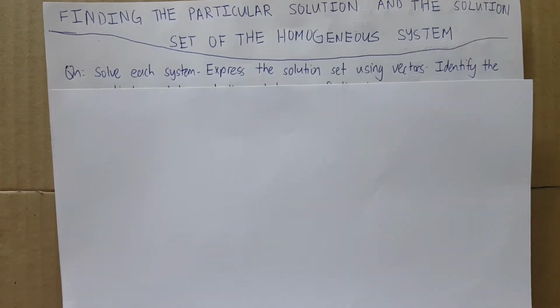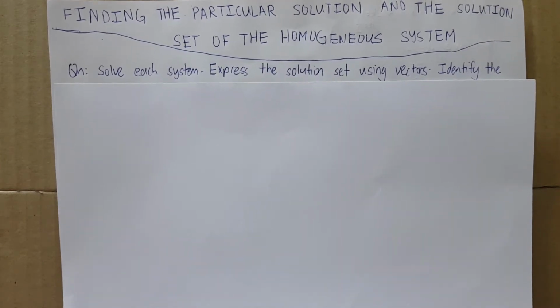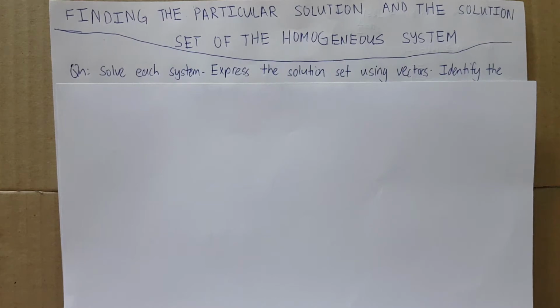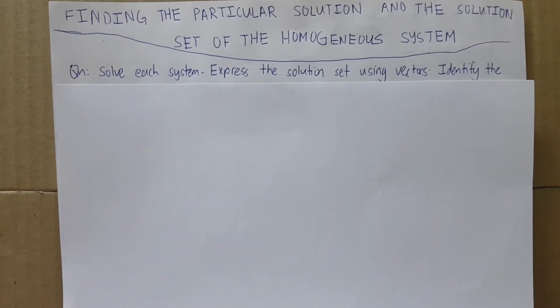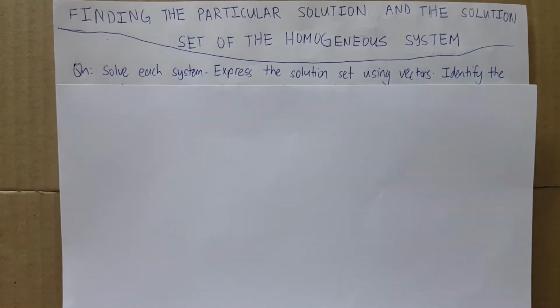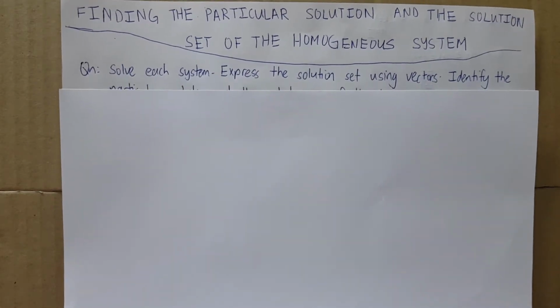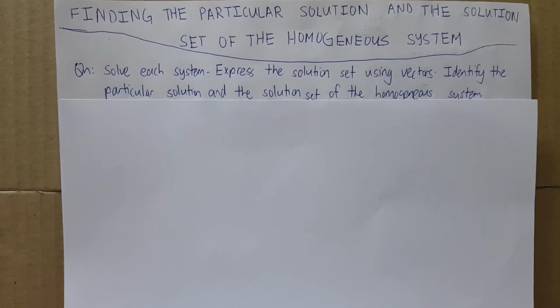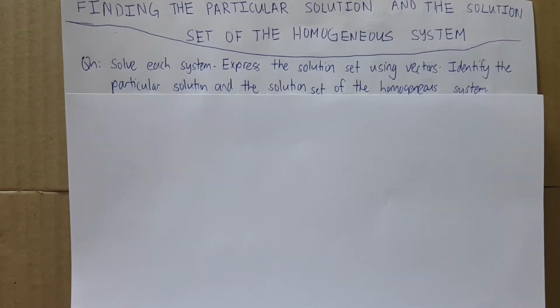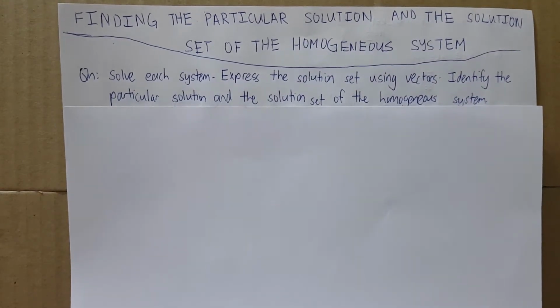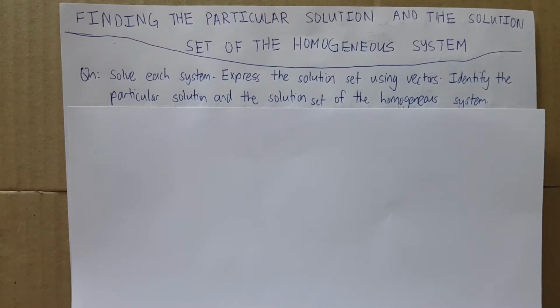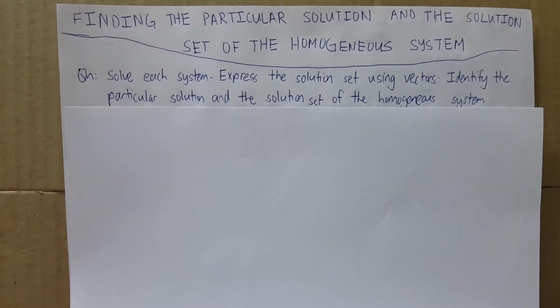Earlier on we already solved a system of linear equations and expressed the solution set using vectors. From here we can continue: we can identify which part is the particular solution, and hence also identify the solution set of the homogeneous system.